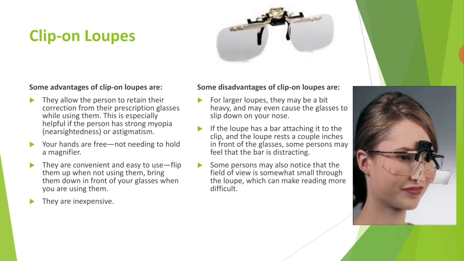This is especially helpful if the person has strong myopia, especially patients with nearsightedness or astigmatism. Your hands are free, not needing to hold a magnifier. They are convenient and easy to use.